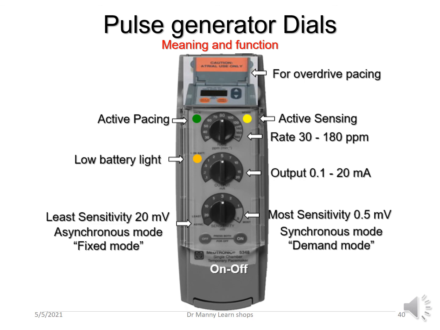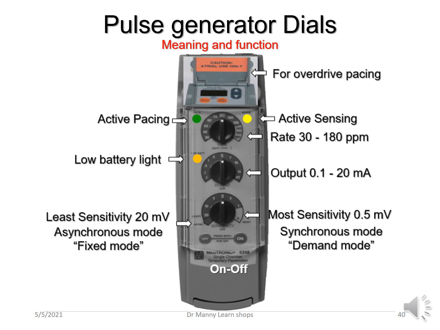Most pacemakers have what is called overdrive pacing as well, which means you can go to very, very fast heart rates, 300, 400, 500 pulsations per minute, to overdrive an atrial tachyarrhythmia that maybe doesn't respond to medication, or medication isn't appropriate for that patient.